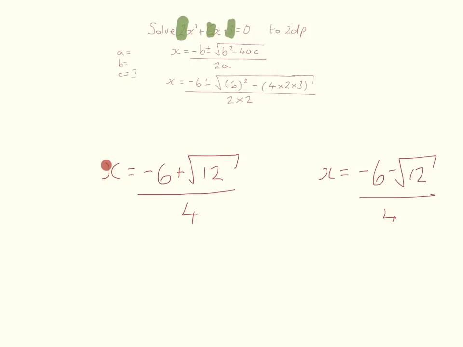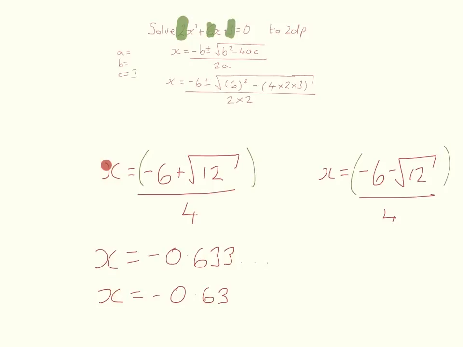When you do this step on your calculator, I would advise putting these parts in brackets. So I'm just going to do this in the calculator. This solution should come to minus 0.633, and to 2 decimal places that will be minus 0.63.